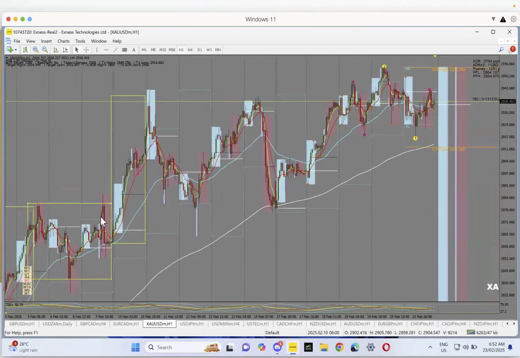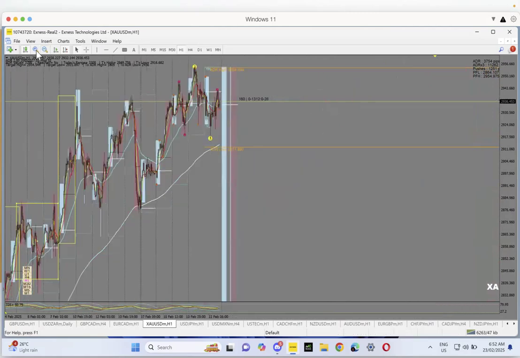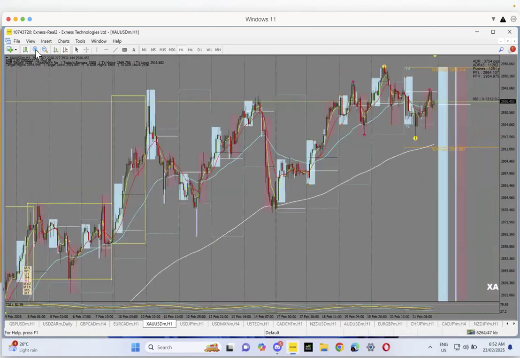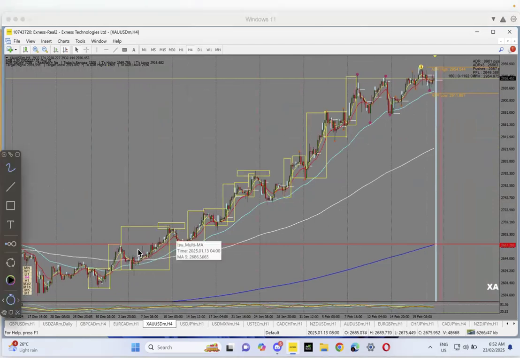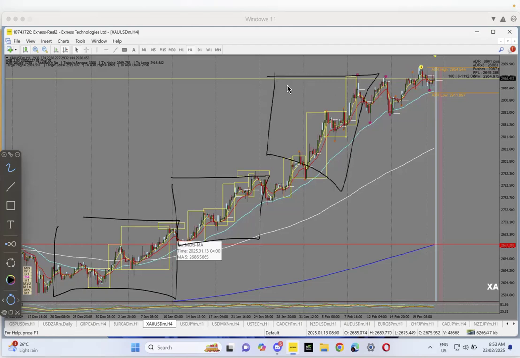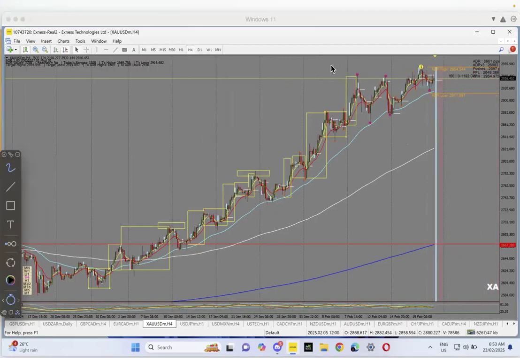It's actually sold because it was on 3 levels of H4, and we anticipated that gold was going to continue buying. All right, so where did this buy come from? Remember, we said we have 3 levels of H4. These 3 levels of H4 and a peak formation there showed us that gold was going to continue for the next level of D1.